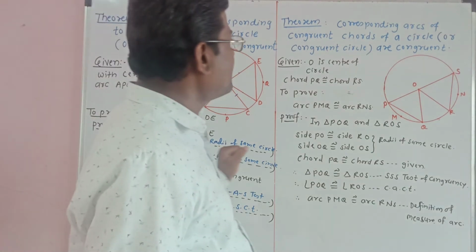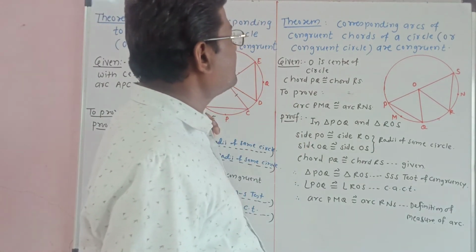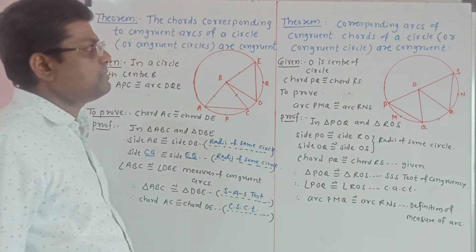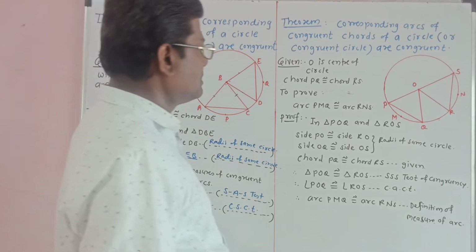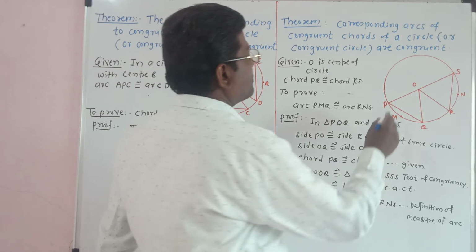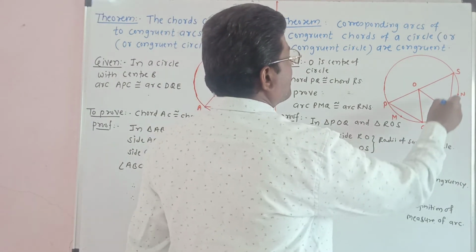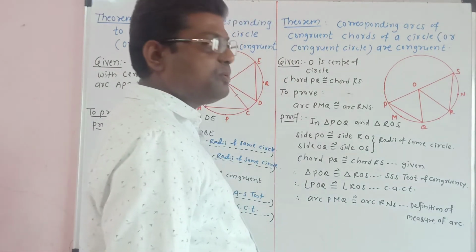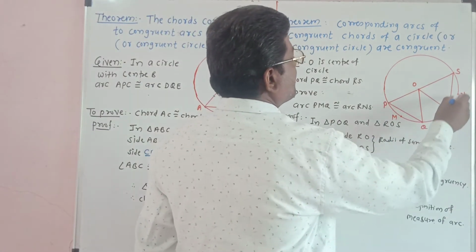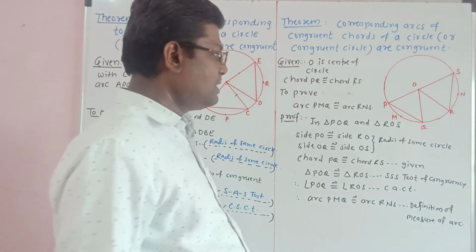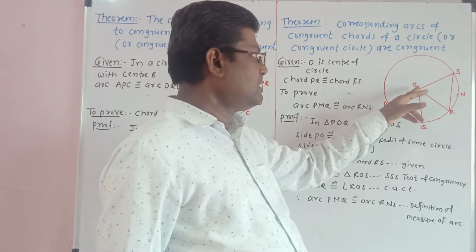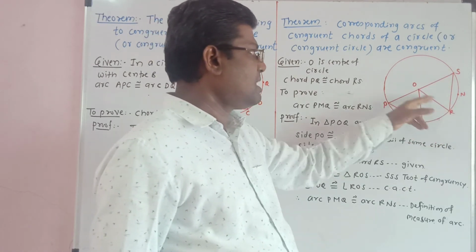Now the next theorem. This is the converse of this theorem. Corresponding arcs of congruent chords of a circle are congruent. This is a circle with center O in which chord PQ is congruent to chord RS, and we have to prove that arc PMQ is congruent to arc RNS. Here also we have two triangles, triangle POQ and triangle ROS.